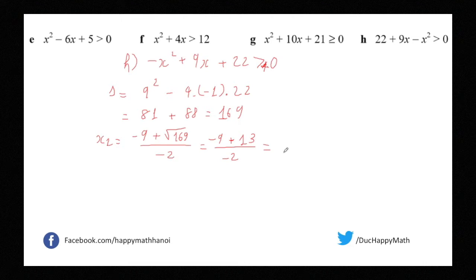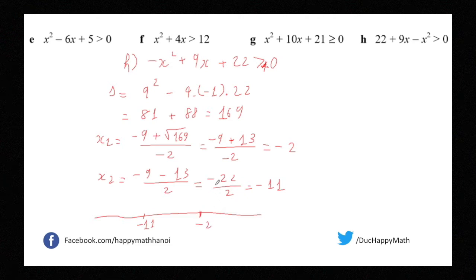So this is 4 divided by minus 2, minus 2. And the other is minus 22 divided by 2, minus 11. So on the x-axis, minus 11 on the left, minus 2 on the right.